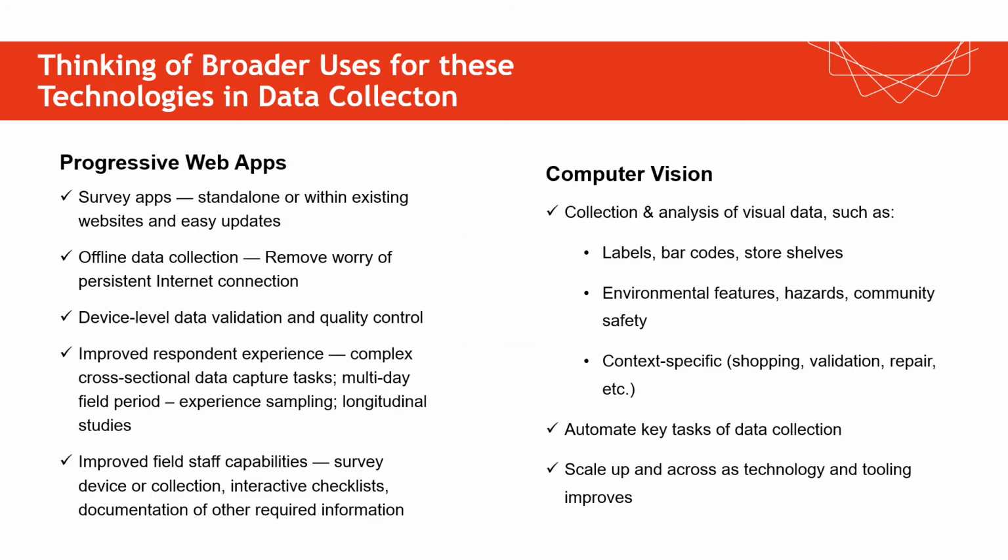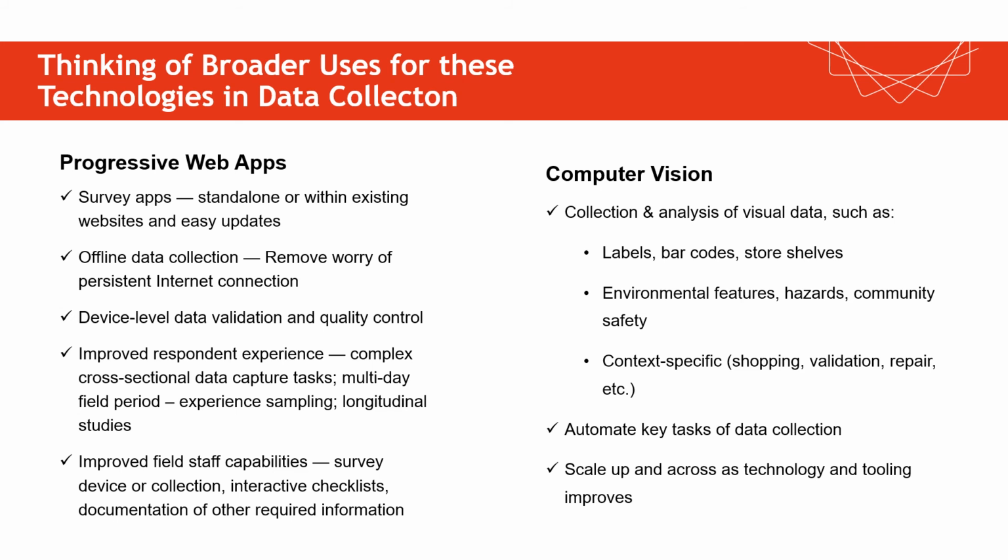If we think beyond the use case that we just showed you, you can imagine quite a bit that can be done, again, with progressive web apps or computer vision, or the combination of the two. Obviously, they can be used individually as well. We do see progressive web apps being used to some degree as survey apps, either standalone or existing within existing websites.